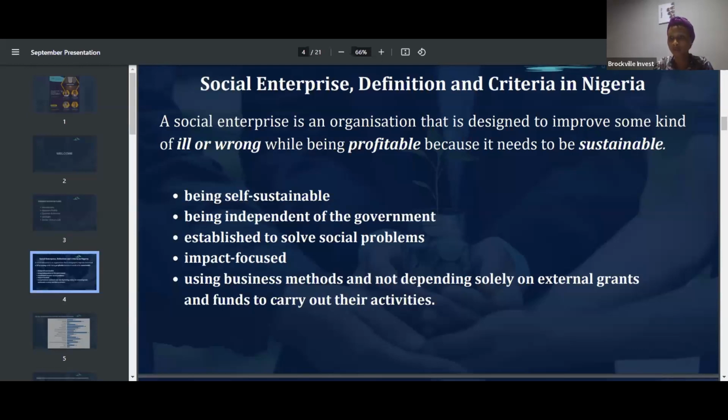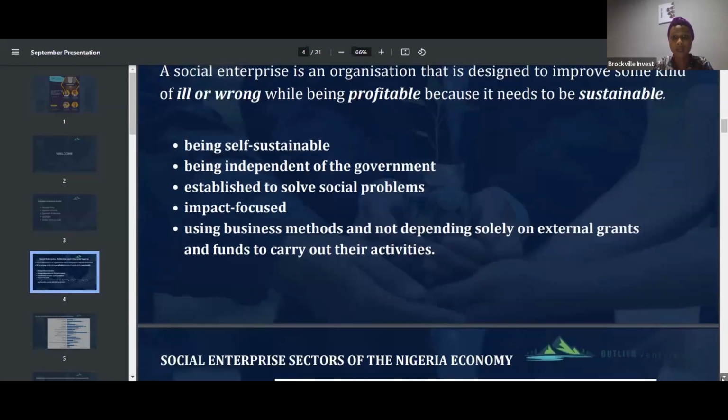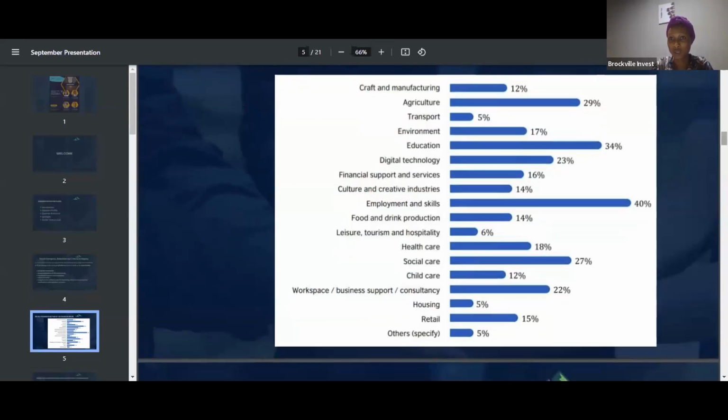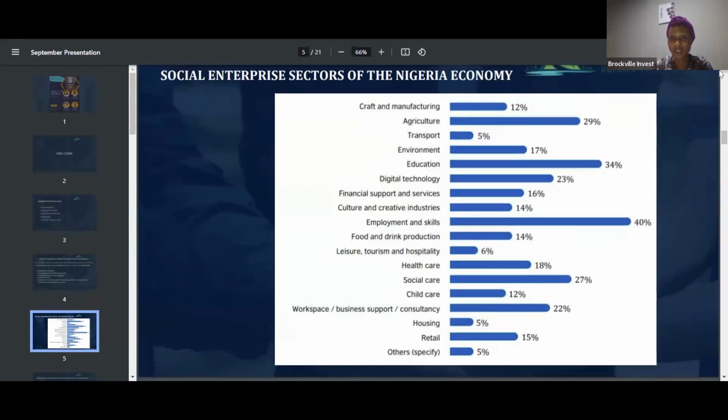Moving ahead, I have these sectors in which you can find yourself, or in which you can bring up your own social enterprise. This is for the Nigerian economy, but it could be anywhere around the world, Africa, anywhere you find yourself. As we can see, social enterprise can be in any of these sectors, be it craft and manufacturing.